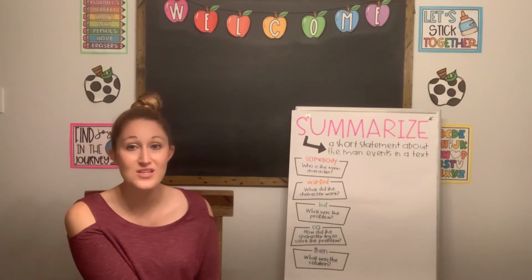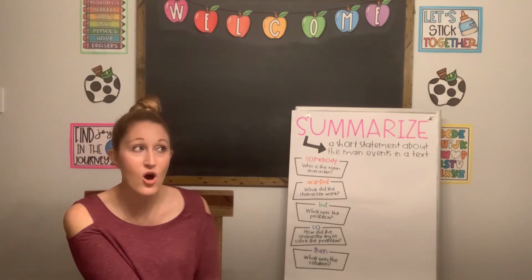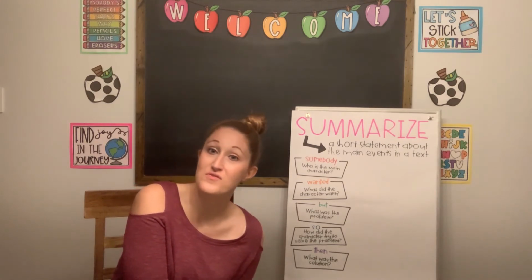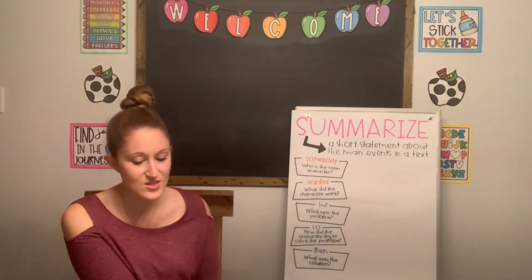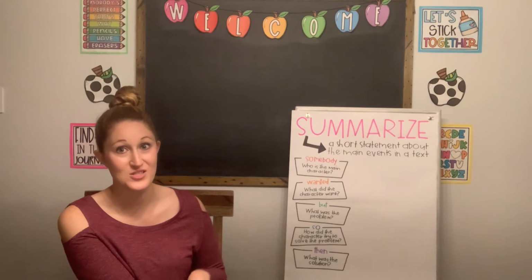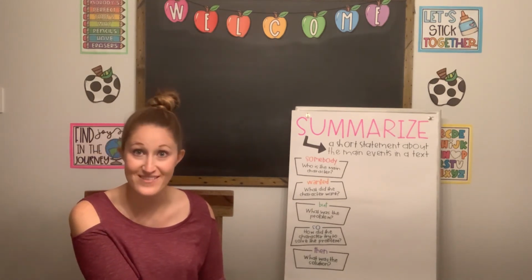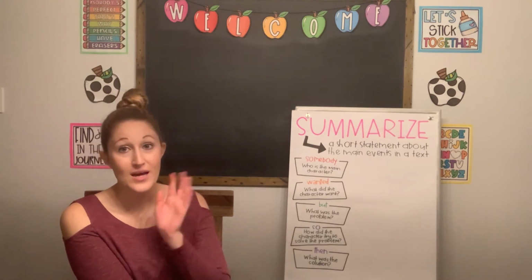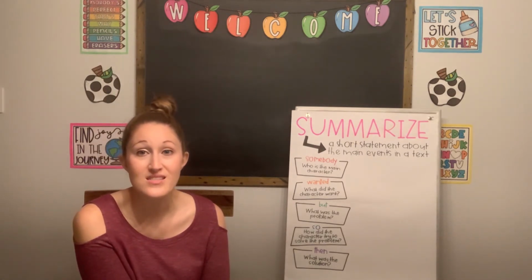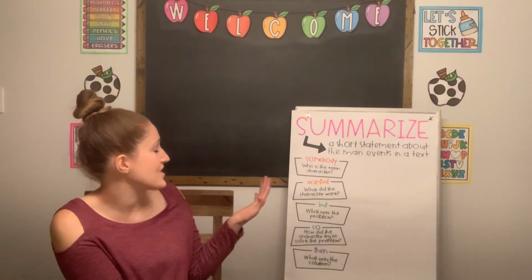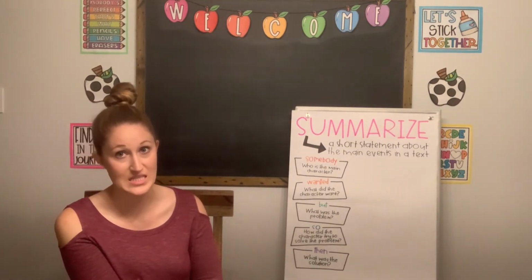Now, another interesting thing that this book did is it went on to tell us a little bit about what happened in the story a little further. So they added some extra things to our book, which is kind of cool to see how the story continues on. So what I would like to do next is we're going to summarize this book. A summary is when we make a short statement about the main events in a text.